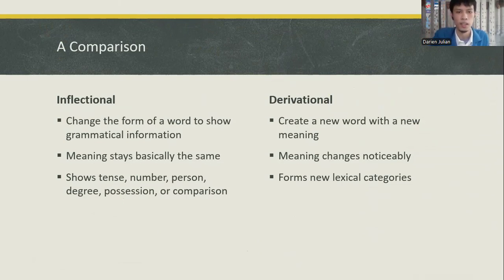Well, inflectional changes the form of a word to show grammatical information, whereas derivational creates a new word with a new meaning. Inflectional meaning stays basically the same, derivational meaning changes noticeably. Inflectional shows tense, number, person, degree, possession, or comparison, whereas derivational forms new lexical categories.